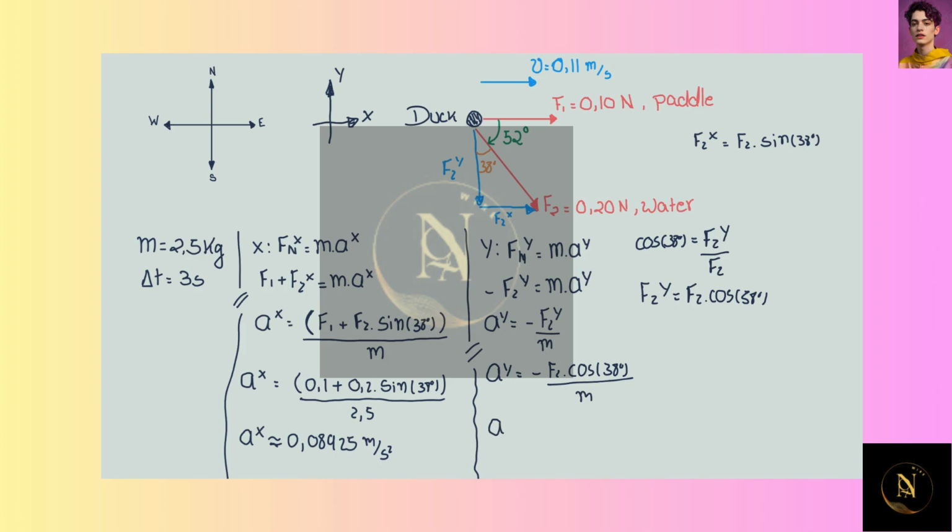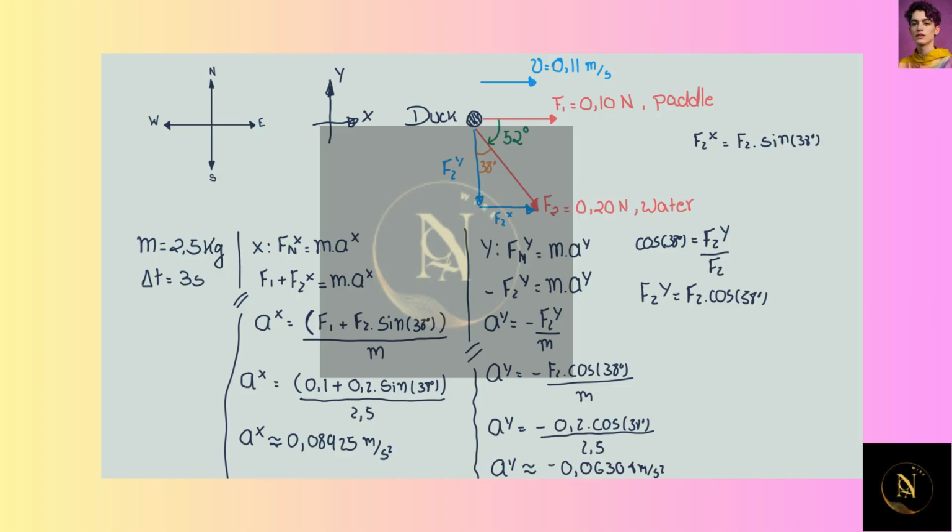Then plugging in the values that the problem gives us, we have minus 0.2 times the cosine of 38 degrees divided by 2.5, and this results in an acceleration of approximately minus 0.06304 meters per second squared.